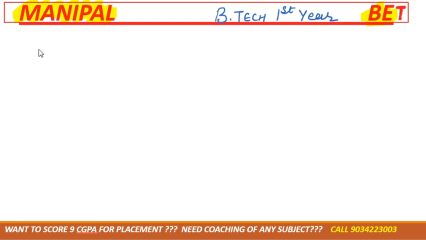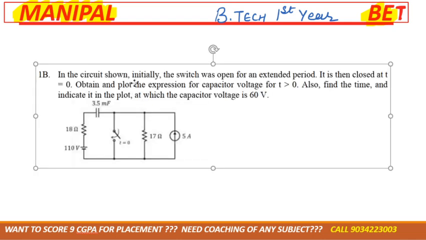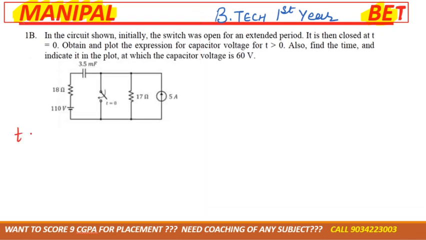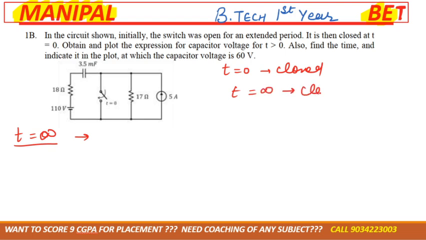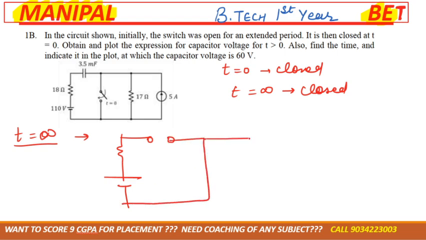Now after that we need, what's the step? Step is at t equal to infinity, right? T equal to infinity, that means switch is closed because at t equal to 0 पे closed हो गया, so at t equal to infinity also switch will remain closed only, correct? Again, diagram. Capacitor will be open circuit, switch is closed as it is, current source as it is.